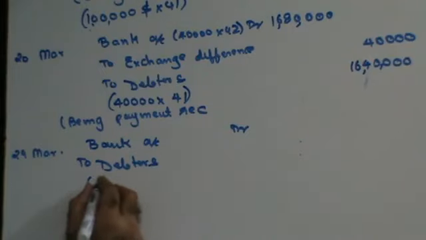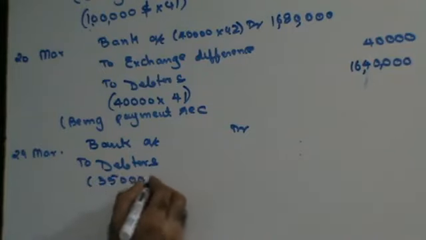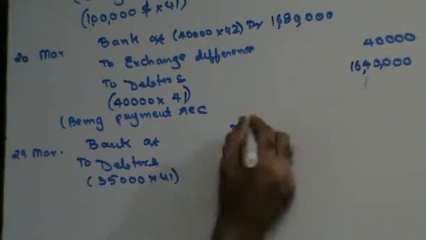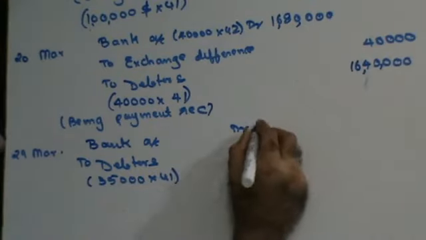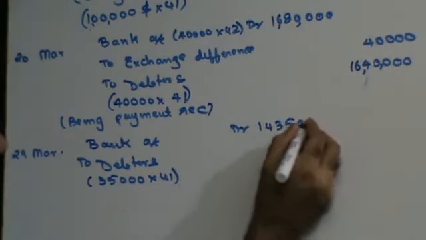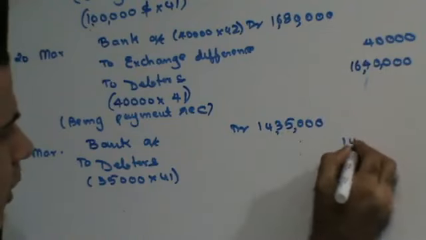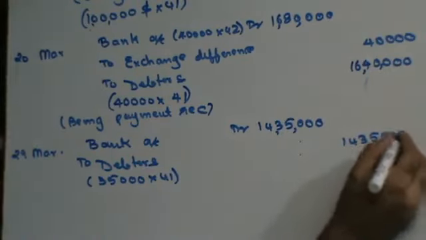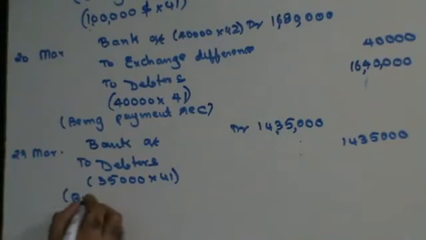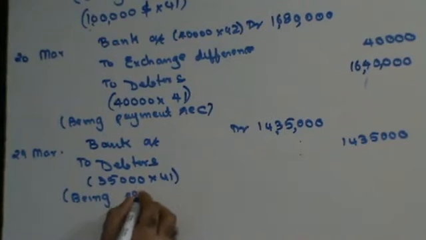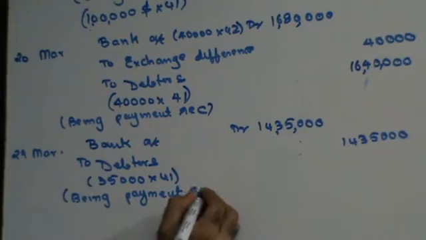You are receiving $35,000 at the rate of 41. 14 lakh 35, 14,35,000, payment received.